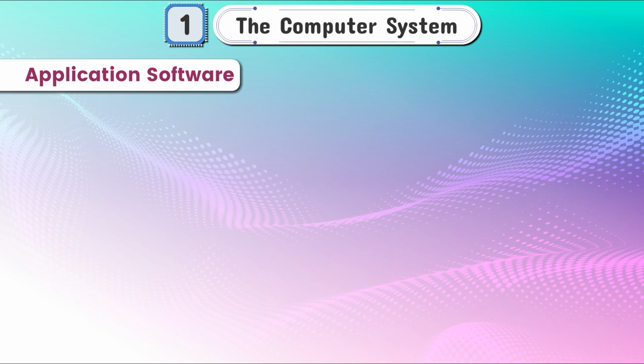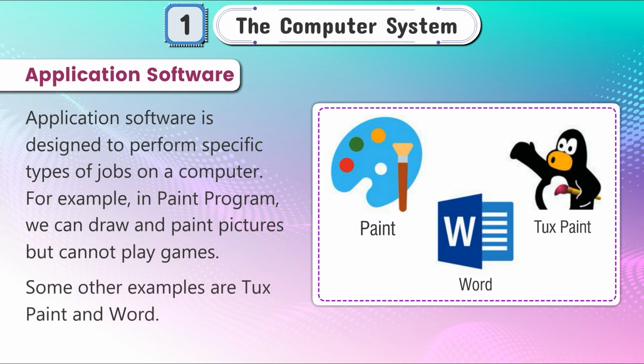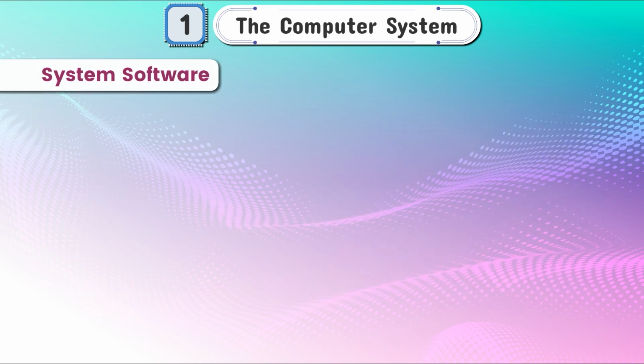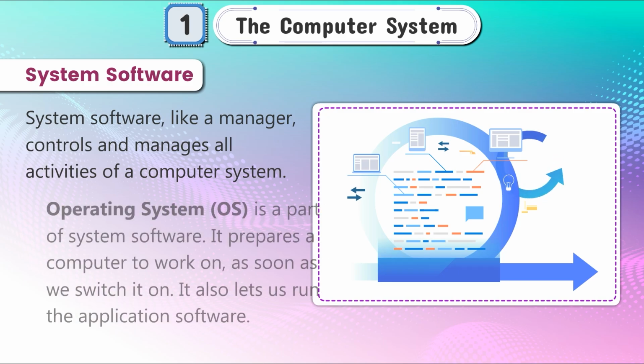Application software. Application software is designed to perform specific types of jobs on a computer. For example, in the Paint program, we can draw and paint pictures but cannot play games. Some other examples are Tux Paint and Word. System software. System software, like a manager, controls and manages all activities of a computer system.